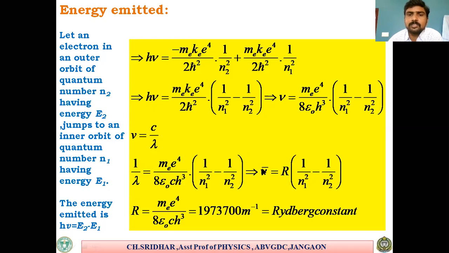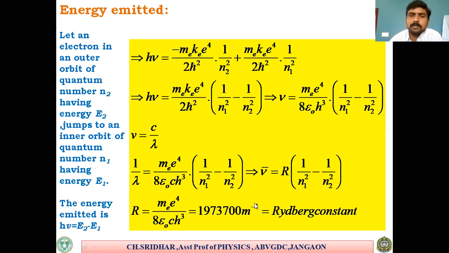So that is indicated with nu bar equals capital R into 1 by n1 square minus 1 by n2 square, where this R is called the Rydberg constant, and R is equal to Me e to the power of 4 by 8 epsilon naught c h cube. The value of the Rydberg constant is 1973700 meter inverse.